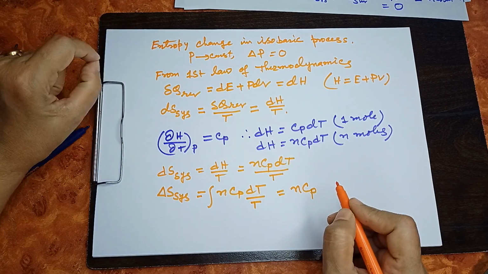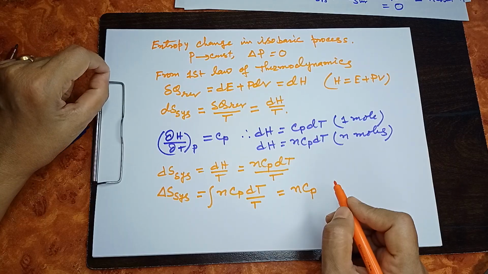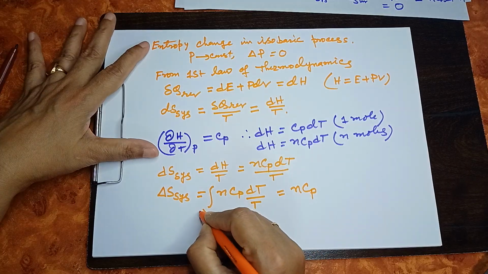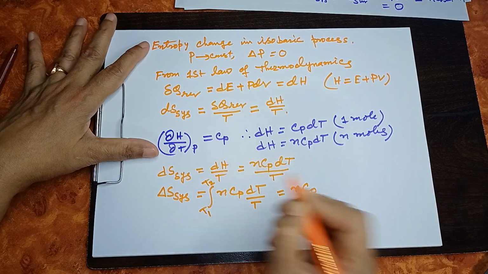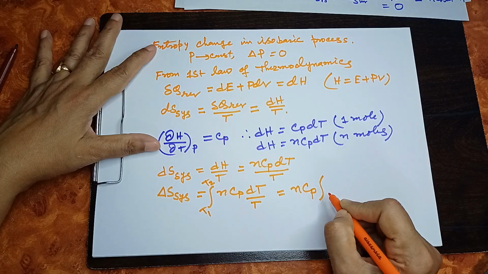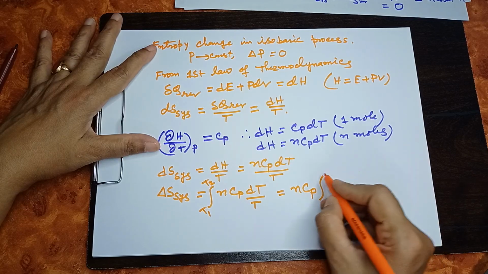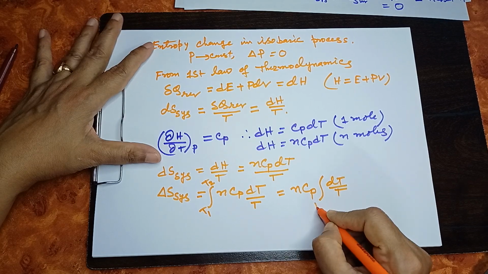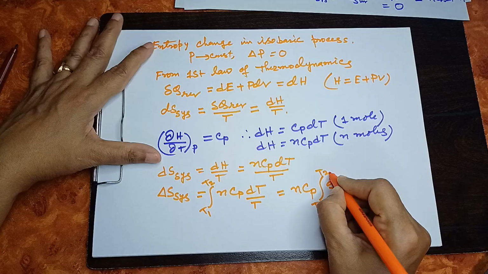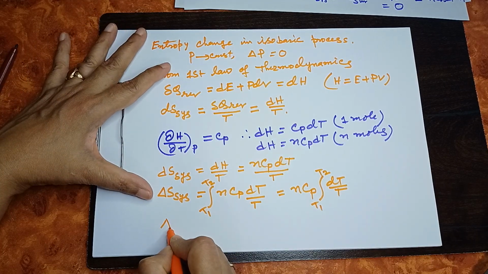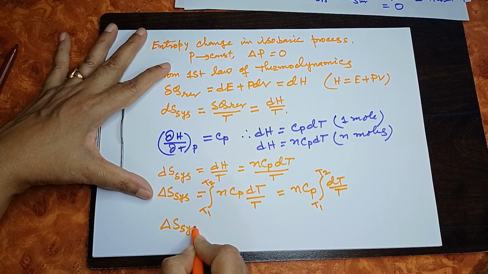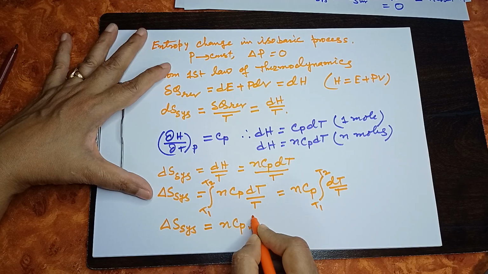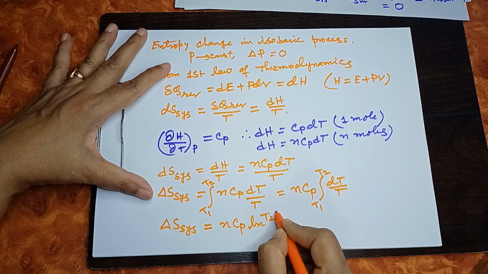Cp, the molar heat capacity at constant pressure, is assumed to remain constant within the temperature range T1 to T2. So it is the integral of dT by T from T1 to T2. So delta S system will be equal to nCp ln T2 by T1.